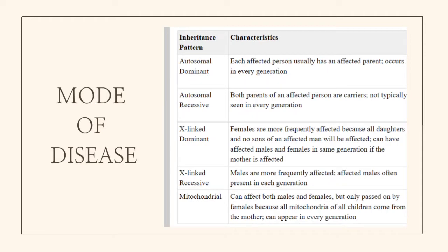Remember also that in mitochondrial, it appears in every generation. Generation 1, 2, and generation 3, and so on and so forth. So, throughout the generations, this kind of inheritance pattern appears. Okay? Next. Are we clear with this one? Okay?